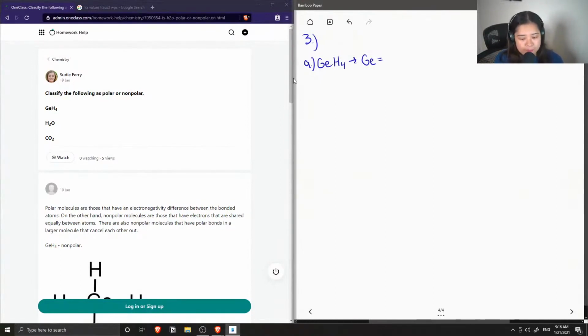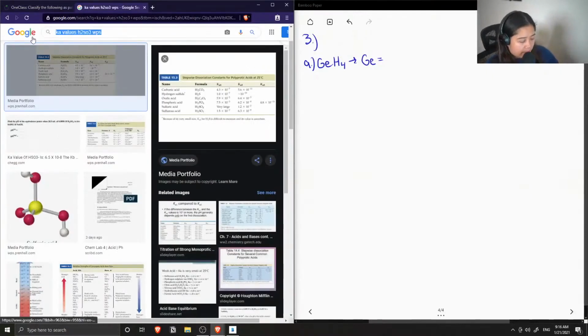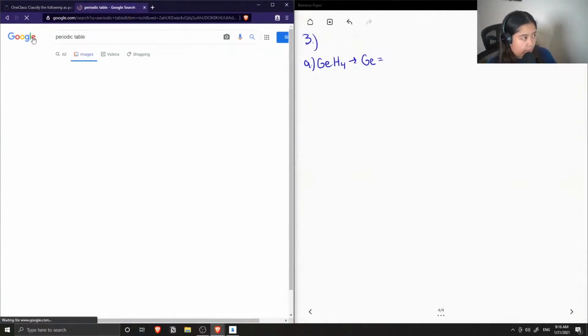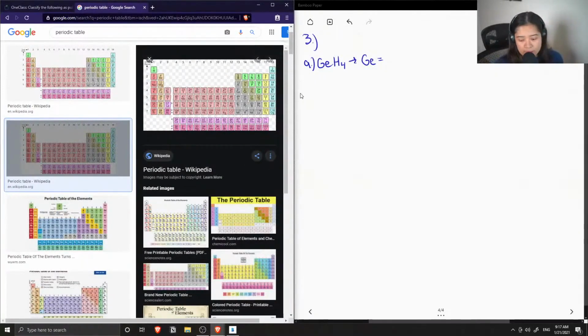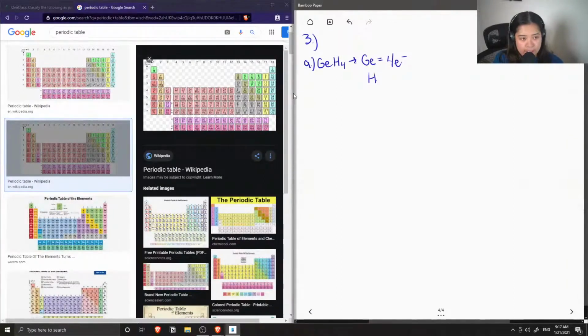Looking up a periodic table, it is found right here, atomic number 32, in group 14, so it has 4 valence electrons. And hydrogen has 1 valence electron, and we have 4 hydrogens, so we multiply this by 4. We should get a total of 8.